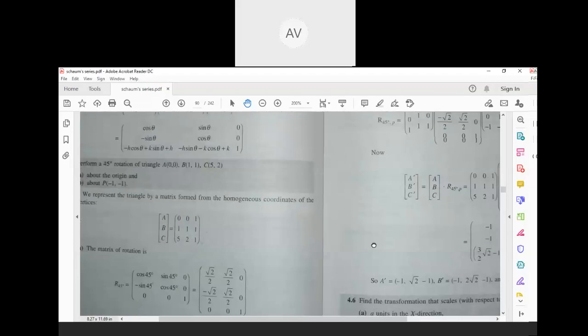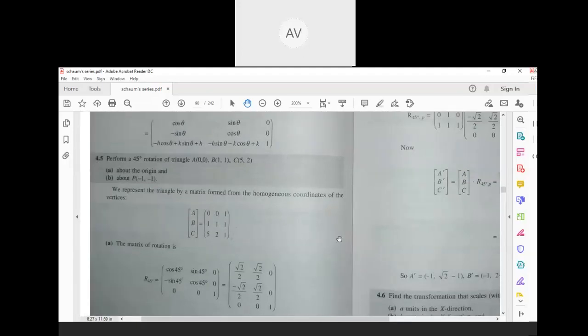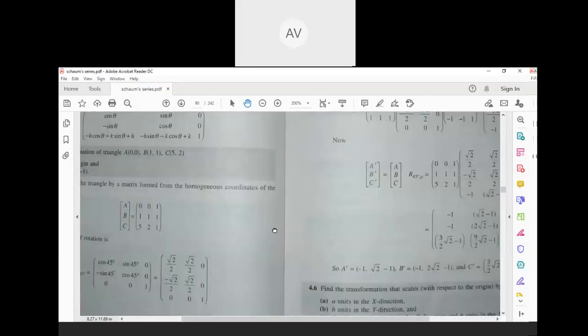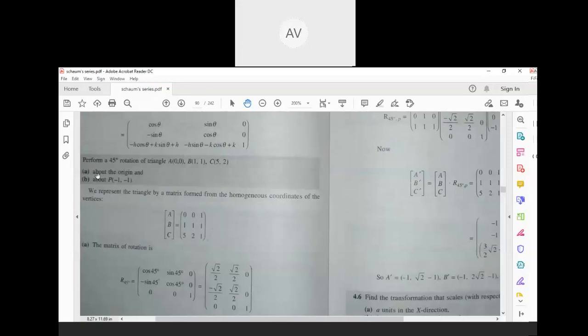Once I upload this lecture on YouTube, you again try to solve this numerical. First draw one basic diagram, draw the xy coordinates, and on that draw A, B, C, a triangle according to these coordinates. In the previous problem, rotation about the origin was simple, so no translation was required because one point was already at the origin, so we directly multiplied it with the rotation matrix and got the new point.